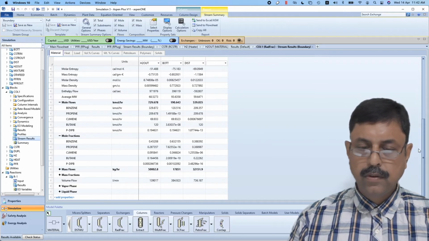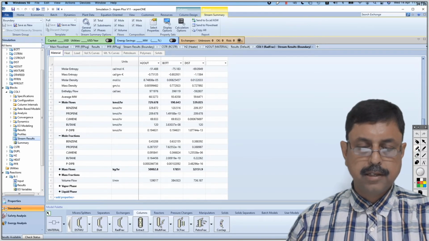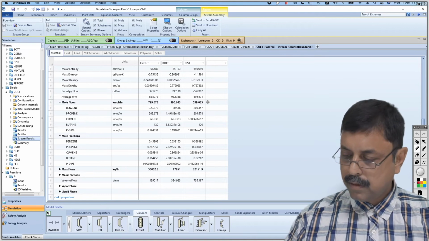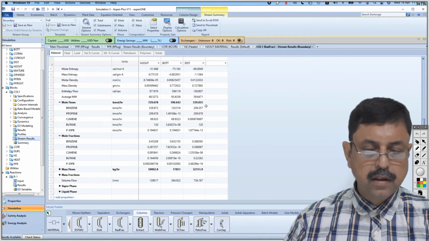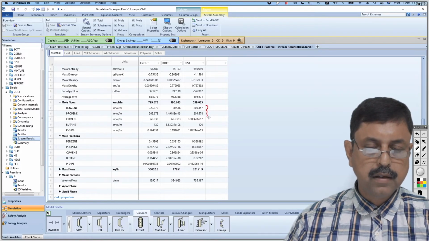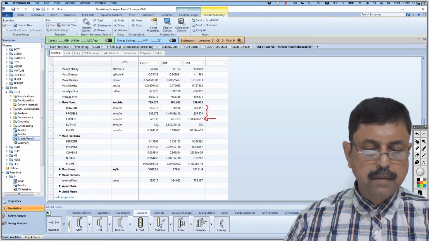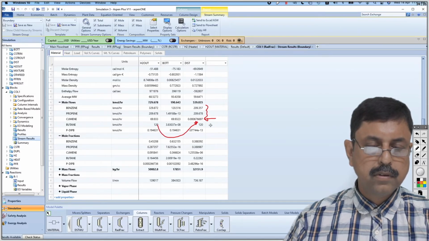So check the distillate. We have almost equal amount of benzene and propene in the distillate. Almost no cumene over there. Butane, entire butane has gone to the distillate.